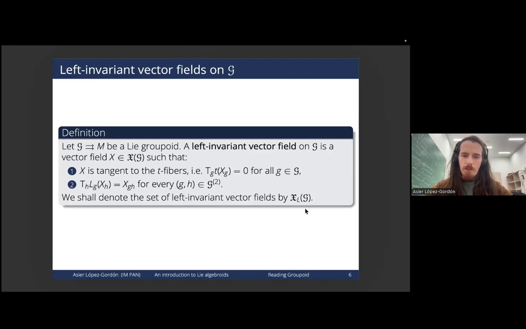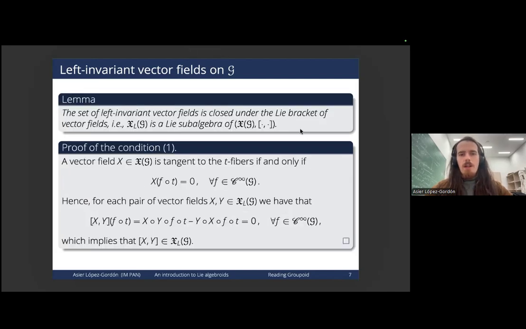We will use the same notation for left invariant vector fields. And we can again see that they close a Lie subalgebra of the algebra of vector fields on the Lie groupoid with the usual bracket.